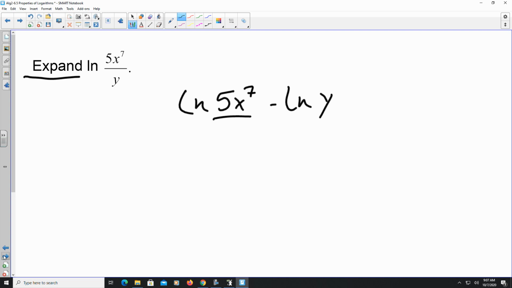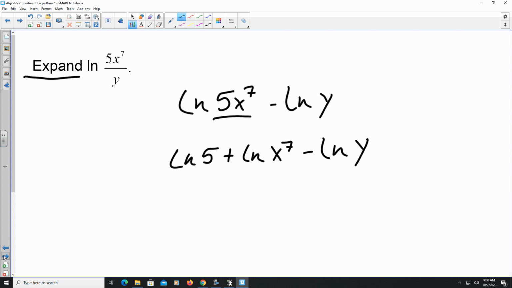Here I have multiplication and I also have an exponent. The exponent is only attached to the x, so I don't do that quite yet, but I can use the product property to help me expand the 5x to the 7th. So this turns into the natural log of 5 plus the natural log of x to the 7th, and I still have the minus natural log of y.